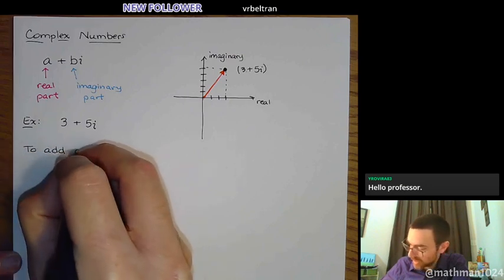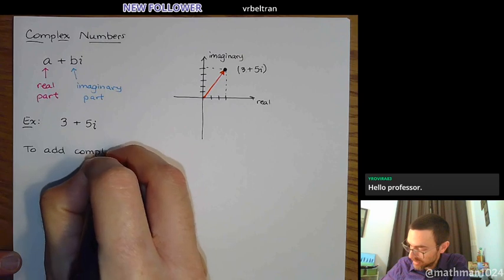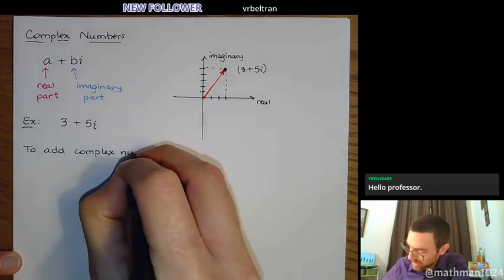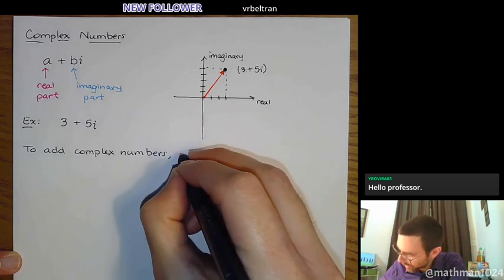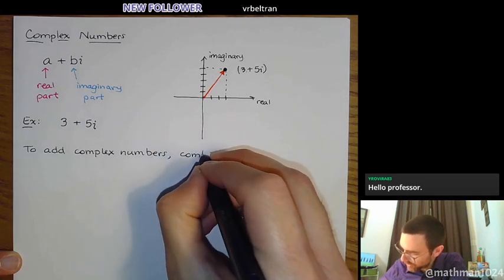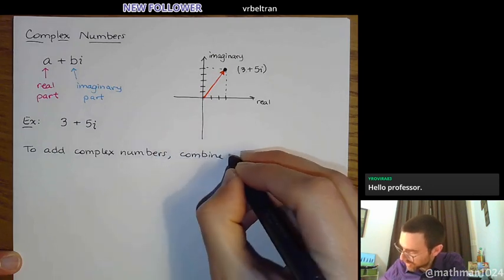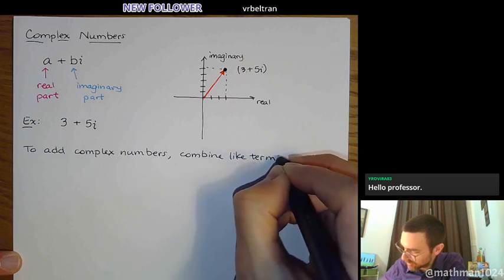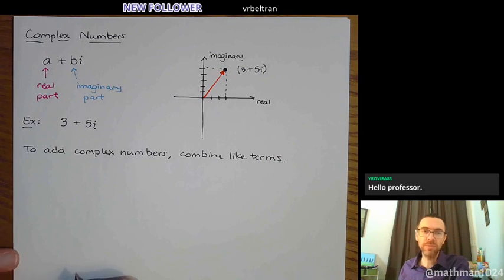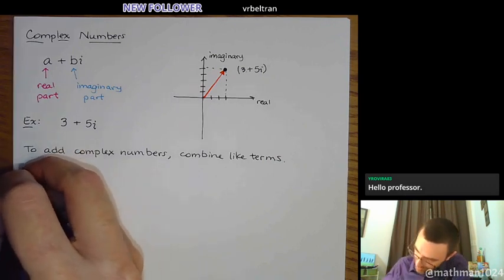So in order to add complex numbers, all you need to do is combine like terms.